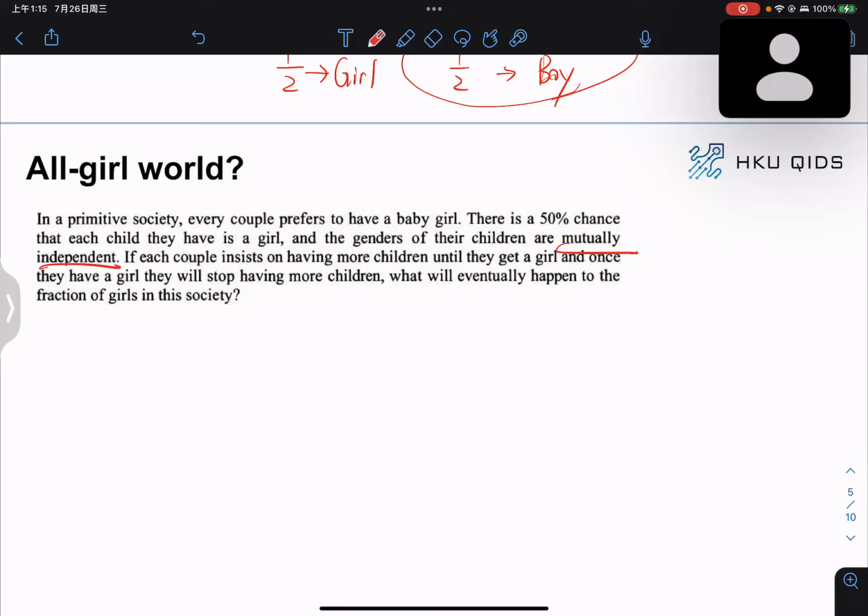Again, a lot of candidates will try to answer this question by saying that eventually we will have more girls. But actually it's wrong. You can just think about our real society. In remote areas, a lot of families want more boys and they do the same thing until they get a boy.